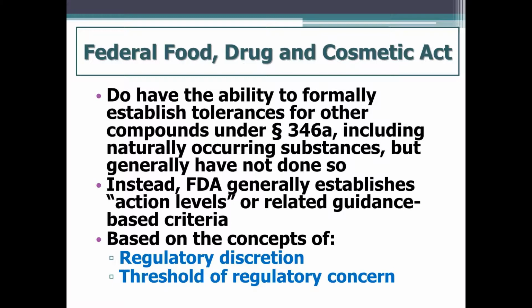Instead, FDA generally relies on action levels or related guidance criteria. And they do this under the system of either regulatory discretion, which has been upheld by the Supreme Court, or the use of thresholds of regulatory concern for certain substances. So this is where they can have a little wiggle room as they go through.